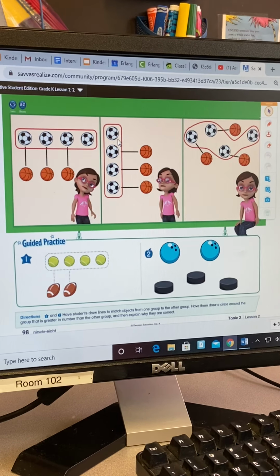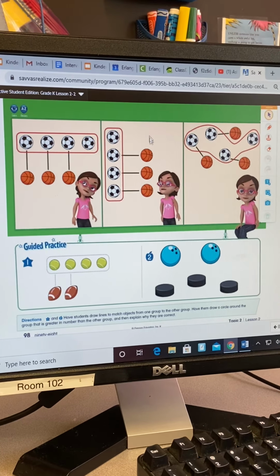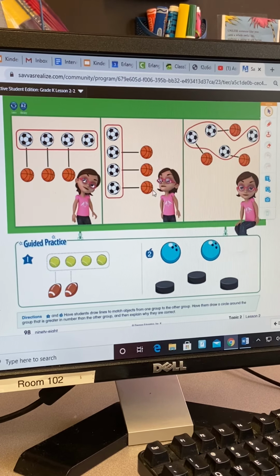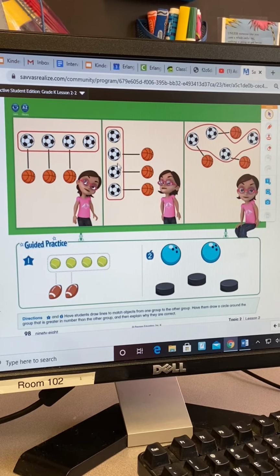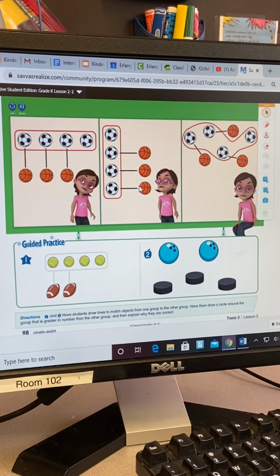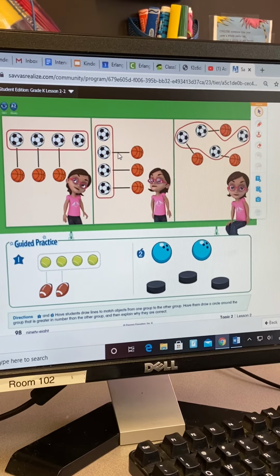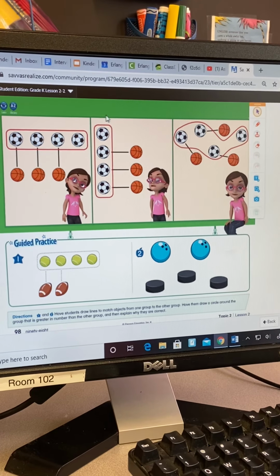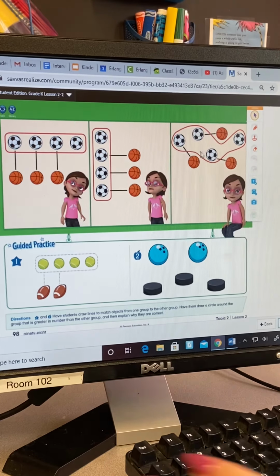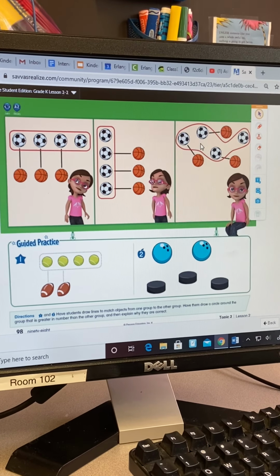She put all of her soccer balls on this side and then all of her basketballs on this side. And she drew a line to compare and match to see if she has more soccer balls than she does basketballs. So she drew a line, drew a line, drew a line, and she noticed that she still has more soccer balls. Then she moved them all over the place and see if it would still work out.